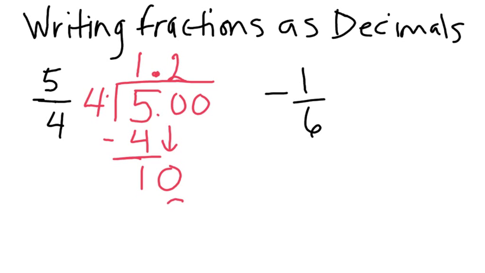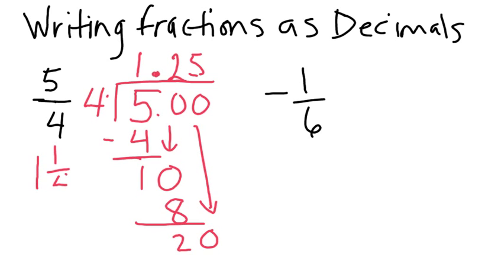Okay, that's 8. And 4 goes into 20 5 times, and I'm done. Now, that's lovely, but I don't like to divide. I would rather memorize my fraction decimal equivalents, because if I took 5/4 and changed it to a mixed number, I would get 1 and 1/4. Well, guess what? I know that 1/4 is 0.25, so 1.25. So to me, learning the equivalents and doing this is so much easier than doing this.